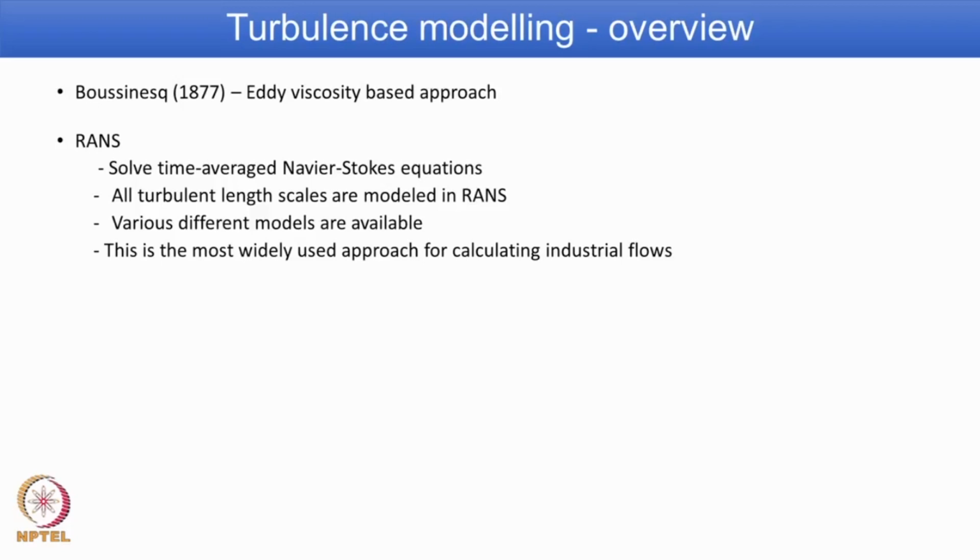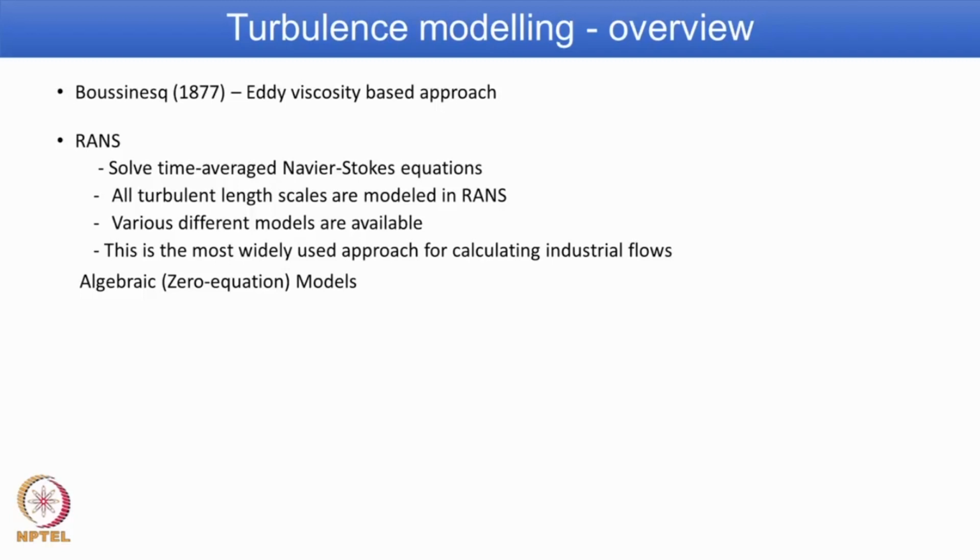All turbulent length scales are modeled in the RANS, and depending on how these quantities or variables are related, you have turbulent kinetic energy, specific dissipation rate, length scale, the equation for length scale. Depending on how these are related, we get different turbulence models. And this is one of the successful or most widely used approaches for calculating industrial turbulent flows.